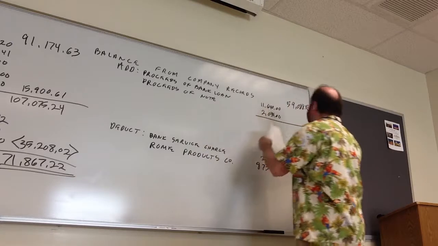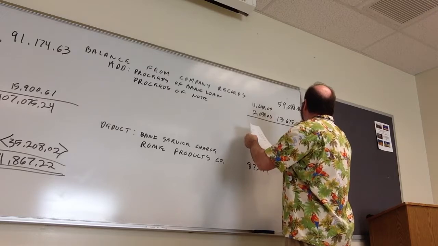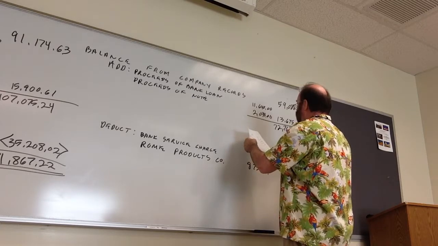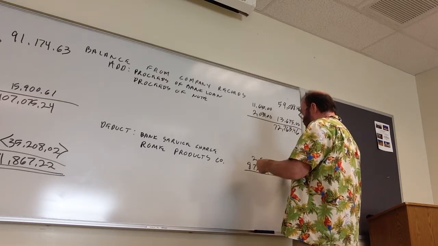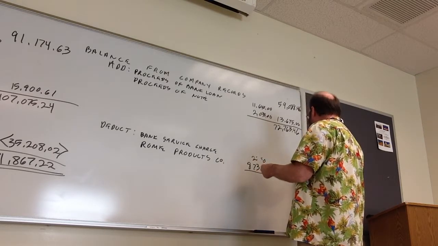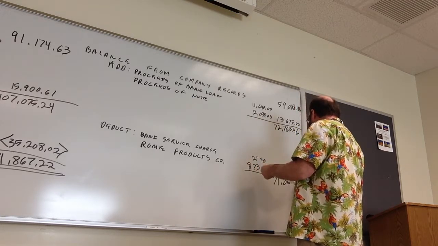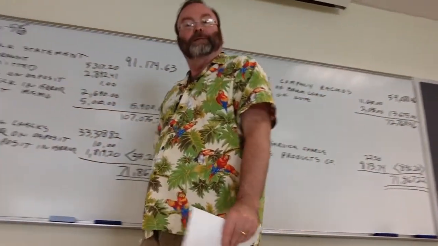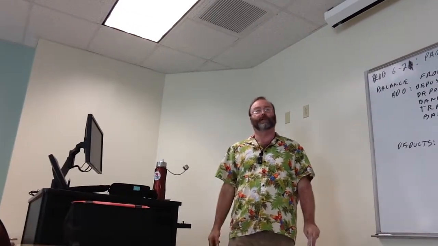Add up all the adds to the company's books, you get 13,675 for a subtotal of 72,763.46. Add up the two deducts, you get a negative 896.24 for 71,867.22. It's like magic.